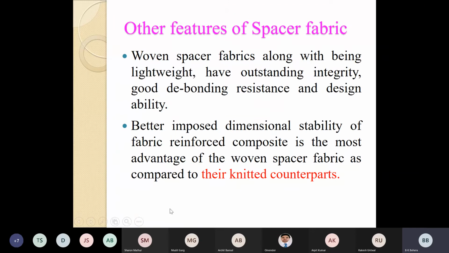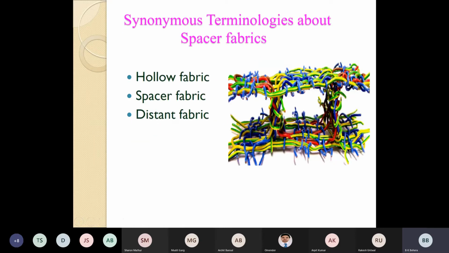That is the second point mentioned here: woven spacer fabrics are much more superior to knitted counterparts in terms of their structural or dimensional stability. Knitted spacer may be used for some other purposes, but when we are talking of energy absorption, other mechanical properties, and application in composite manufacturing, definitely woven spacers are superior to knitted spacers.